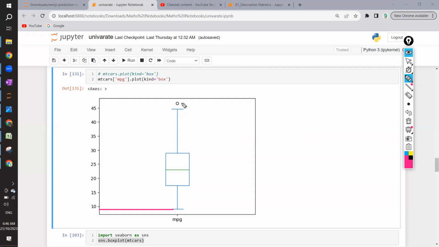If you don't see these dots, what are these dots? Circles, bubbles, outliers. If you don't see any outliers, this whisker will be the maximum value from the given data set.